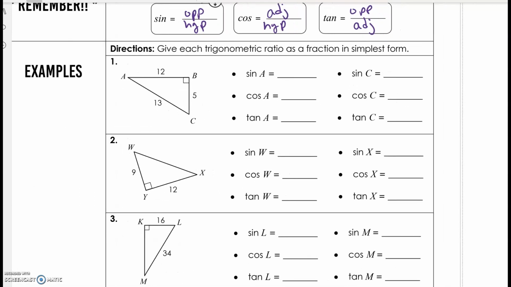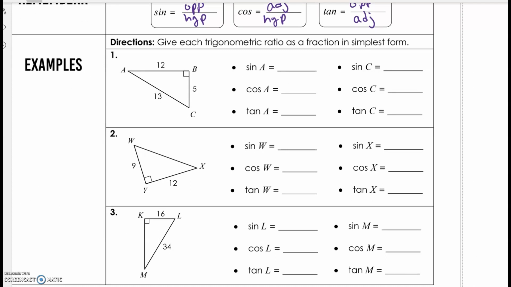Okay, so let's just do some examples. Here we've been given a triangle that has all three sides filled in. The short leg is 5, long leg is 12, and the hypotenuse is 13. To find the sine of angle A, we locate angle A and look for the opposite leg, which has a length of 5, and the hypotenuse has a length of 13. So we would say 5 over 13. Cosine of angle A, same angle.